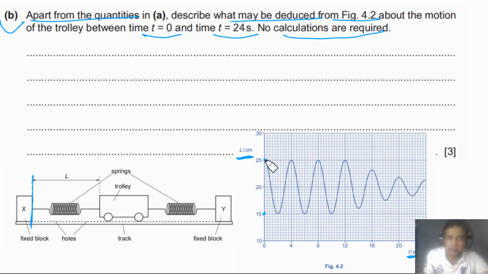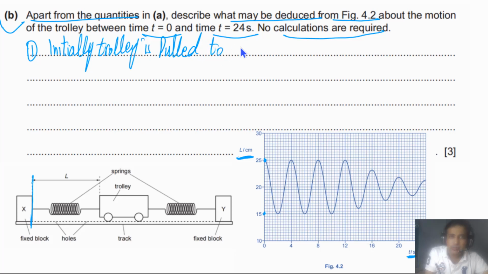As the initial value of L is 25, it means that initially we pull the trolley to the right. So we can say initially the trolley is pulled to the right, so this is one point we can write down. This is one thing we can deduce from here.